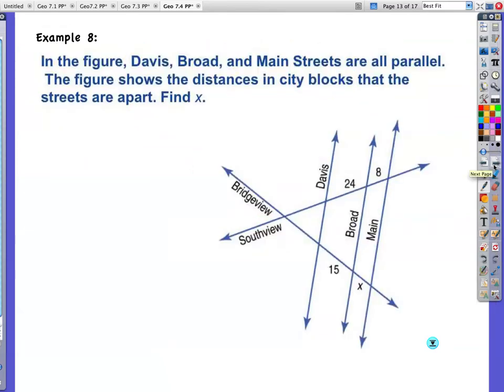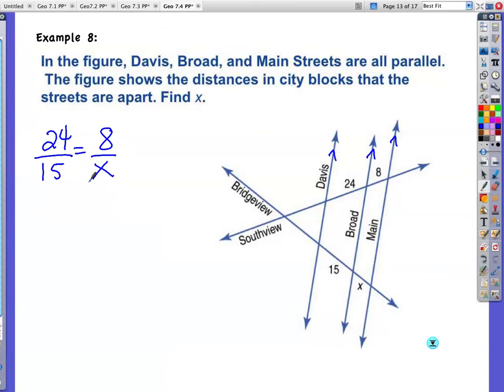In example 8, we got a very similar problem. Davis, Broad and Main Streets are all parallel. Okay, so I'm going to put a little mark here to show that they're all parallel. The figure shows the distances in city blocks that the streets are apart. Find x. Once again, I'm just going to say 24 is to 15 as 8 is to x. I could do 24 is to 8 as 15 is to x.